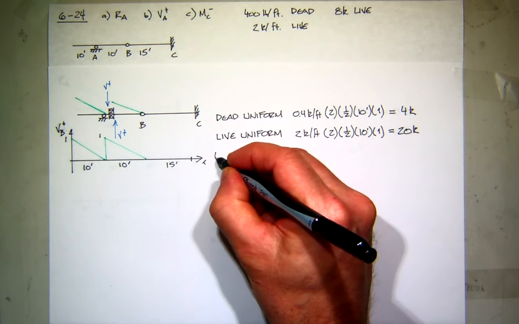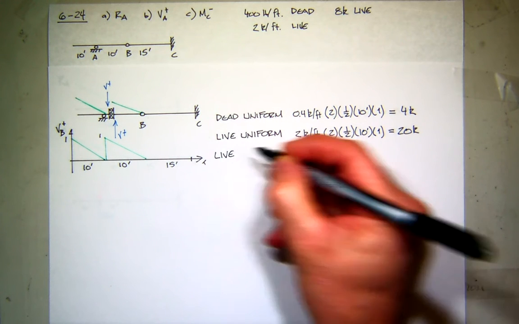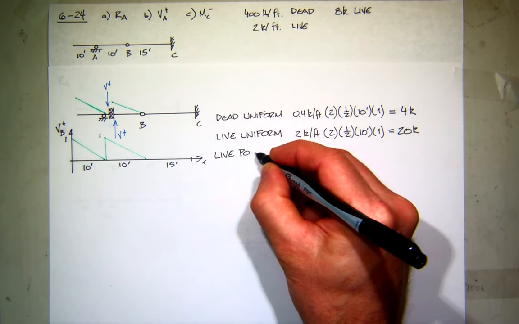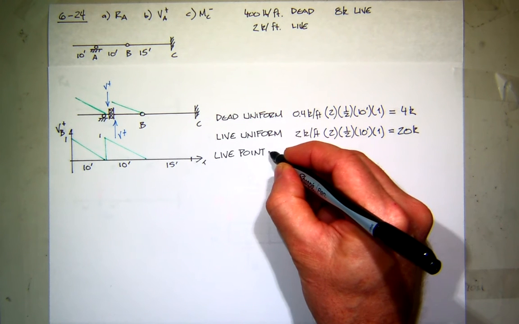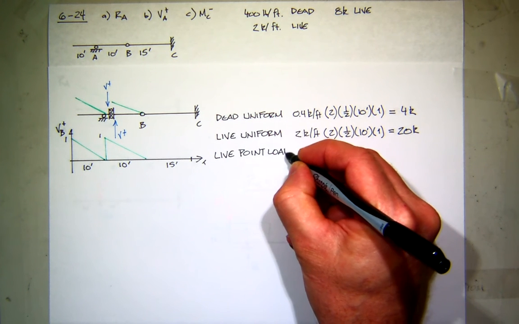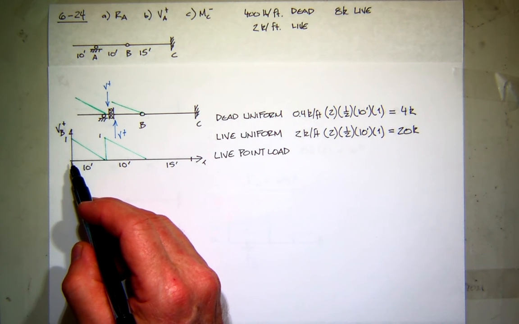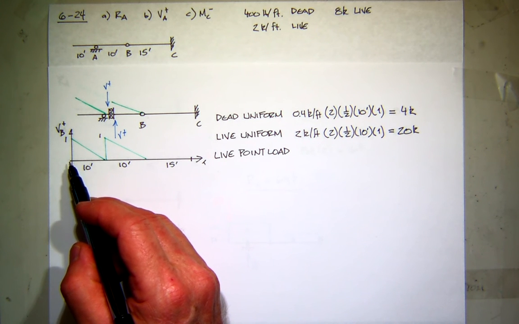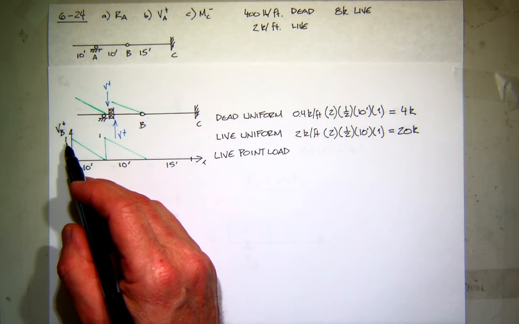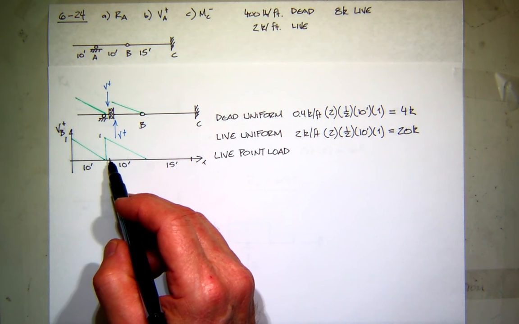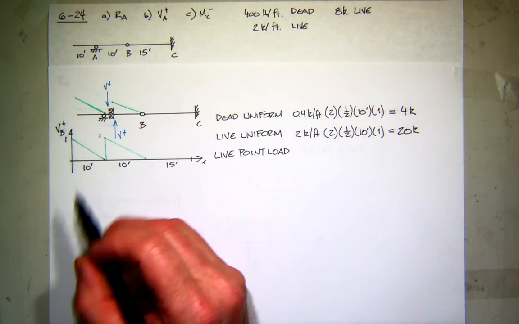And then finally, I have my live point load, which can move around. And really, there's 2 positions it could be in. It could either be here, at the very far end, where it has a value of 1, or it could be just to the right of A, where it also has a value of 1.